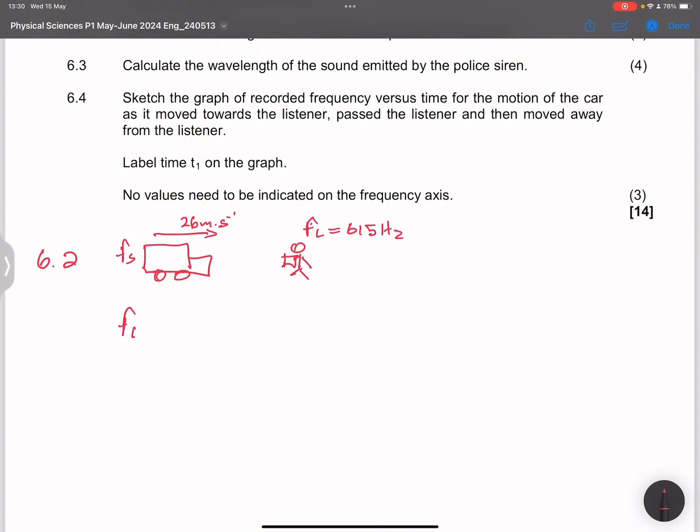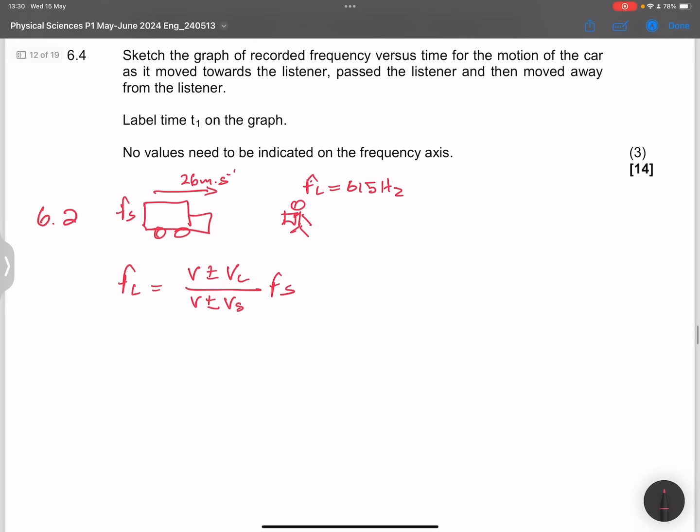So I'm going to say FL is equal to V plus minus VL over V plus minus VS times Fs, right? Now note in this case, our V is unknown, but the velocity of the listener is 0. So this is going to just simply be V divided by V and Vs. Now remember, in this case, we know that the detected frequency is higher, so the kind of fraction that this must be is an improper fraction.